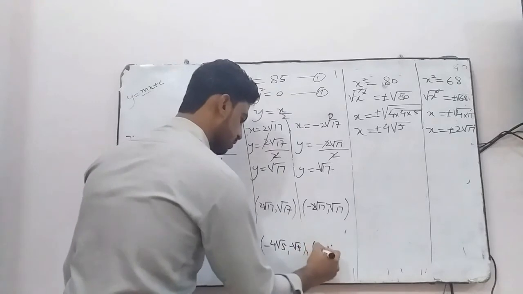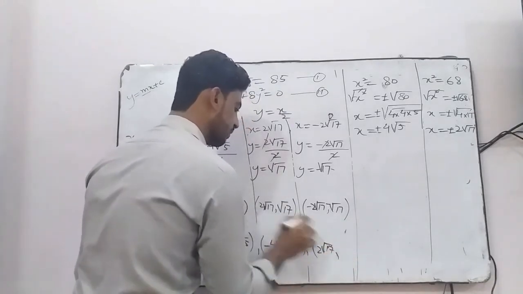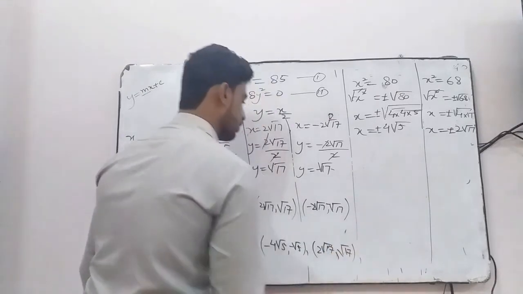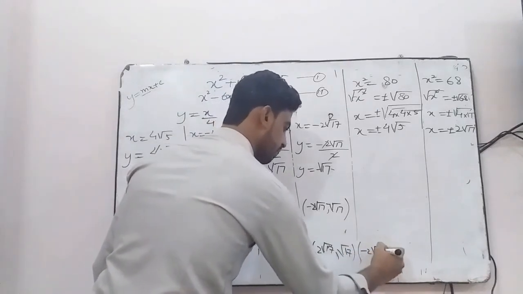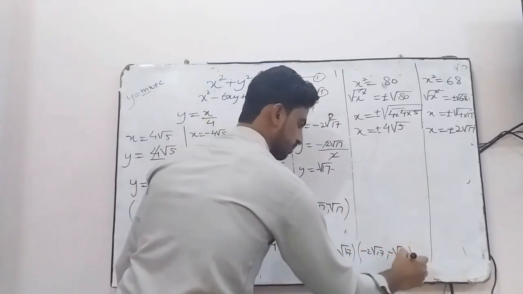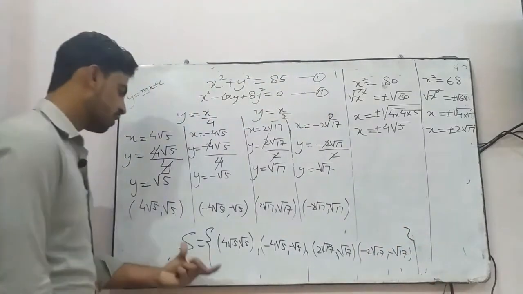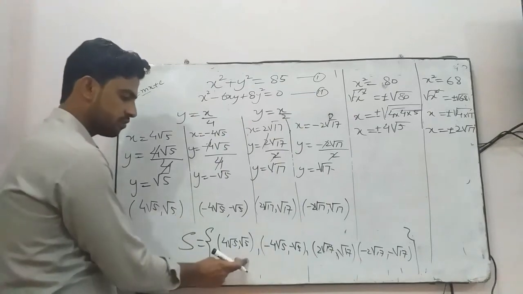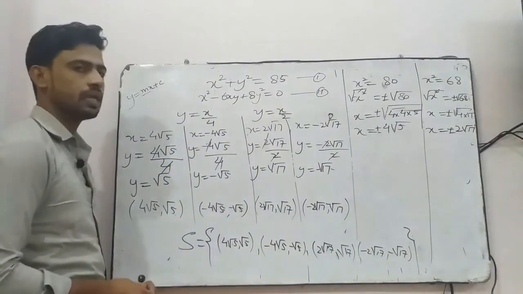Another solution is 2√17, and for this value of x the value of y is √17. Another solution is negative 2√17 and negative √17. So we have got a solution set which contains the 4 pairs: this one pair, second, third and fourth. These 4 pairs can solve these quadratic equations simultaneously.